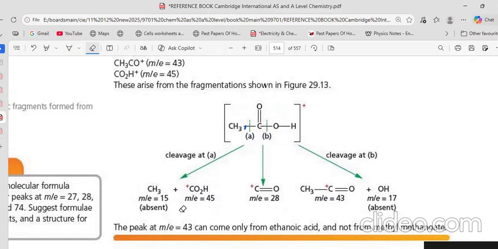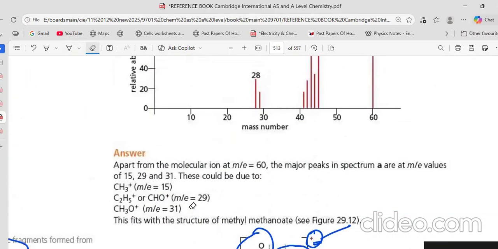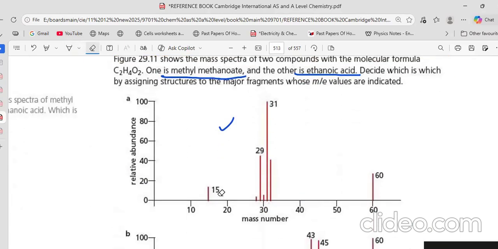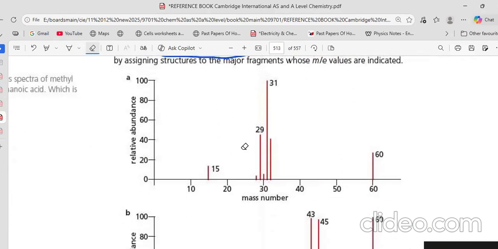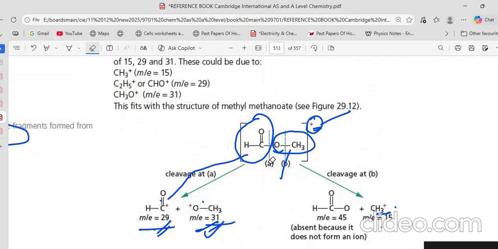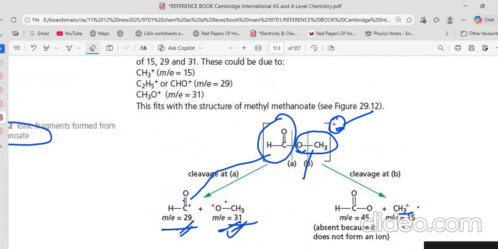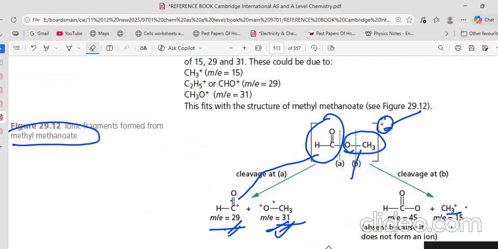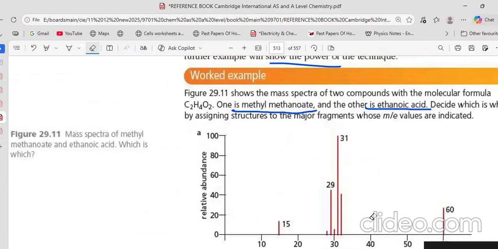So we can make out there will be a peak at 15 in the methyl methanoate. Now this is methyl methanoate, with peaks at 29, 31, 15, 29.